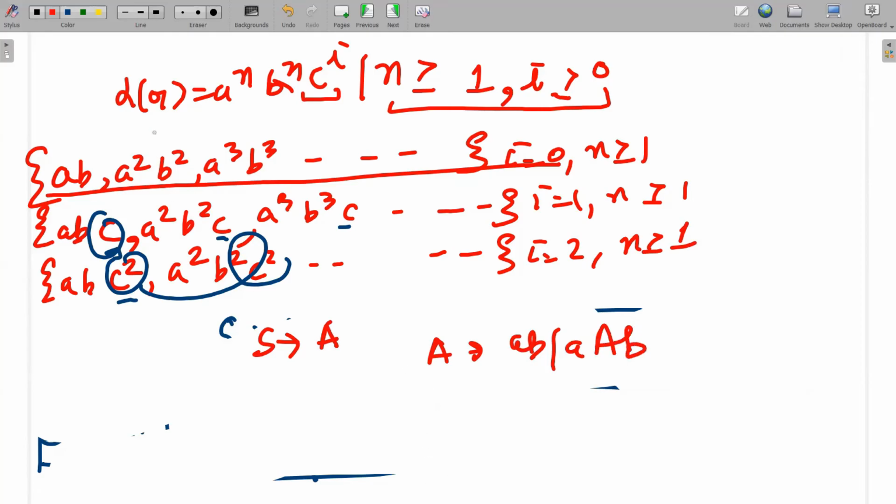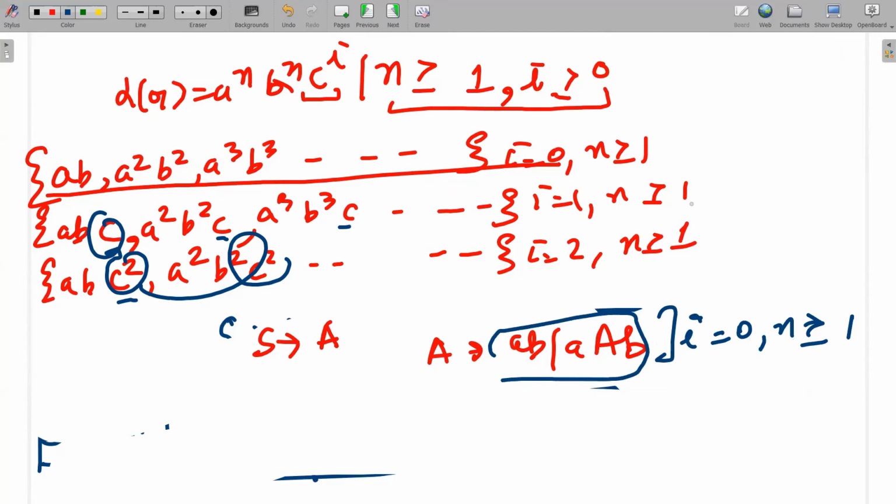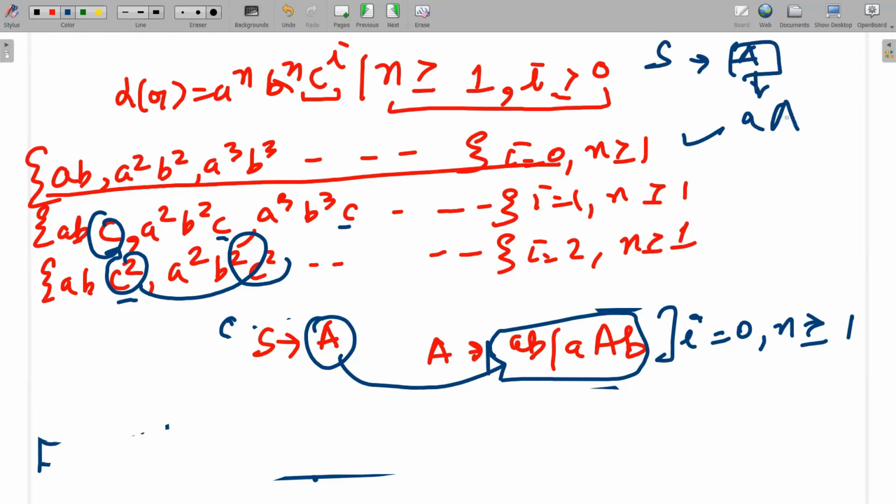Why? Because for i equal to 0 and n greater than or equal to 1, we will get only these strings. S generating A and A giving us this answer, right? AB or AAB. If I put S generating A, A is also giving us AAB.